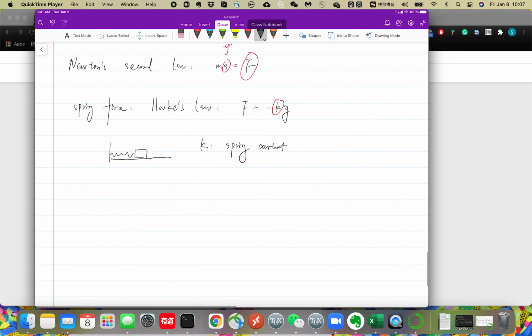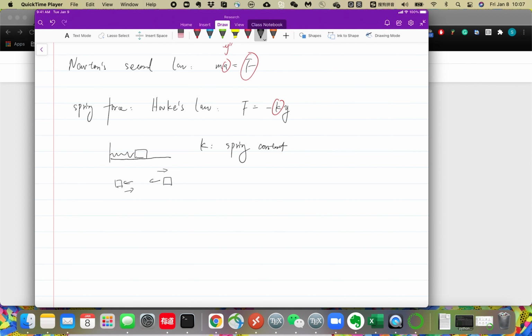Matches. Now, what do you mean by negative? That simply tells you the direction of the force is in the opposite direction of your displacement. So if you go this way to the right, the force is going to pull you back. And if you push everything to here, the spring is actually going to go against you to push you back.